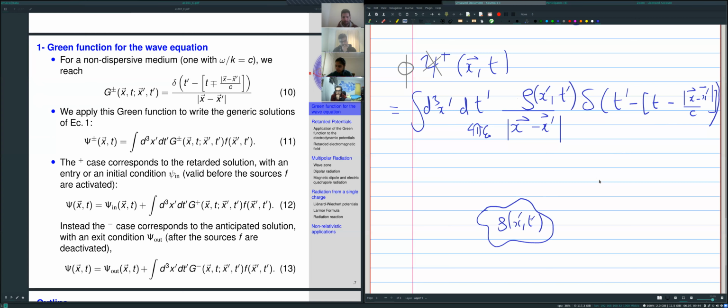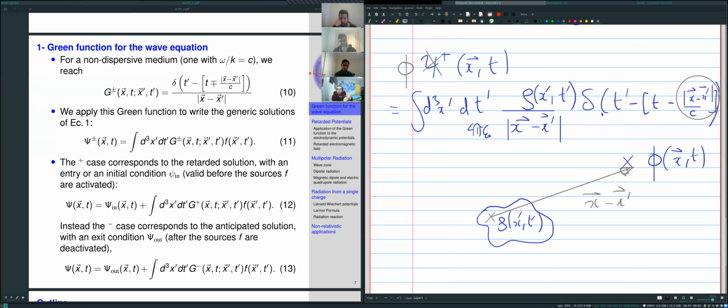And we are calculating the field outside here, phi at x and t. So this is x. If we are considering a point here inside the sources, this would be x minus x prime. And this term here would be the time that light takes to connect those two points in space. So this would be the light travel time.